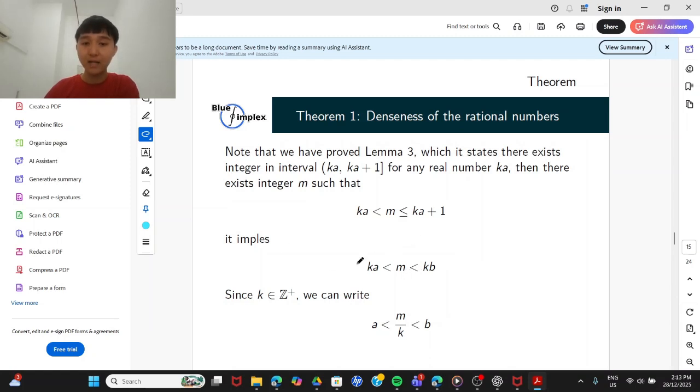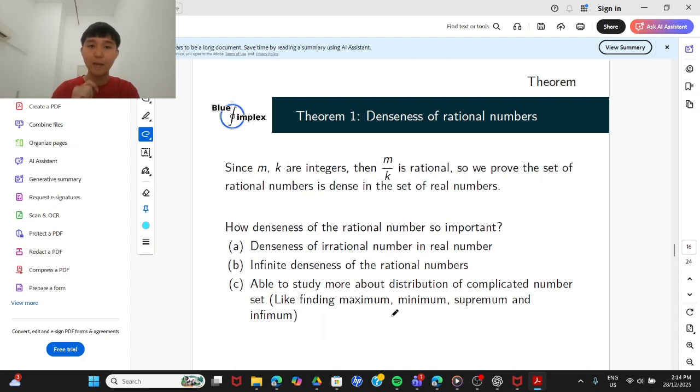So I can imply that ka and kb have an n between them. Since k is a positive integer, we can divide, and then a and b have m over k between them. Since m and k are integers, m over k is rational. We are done.